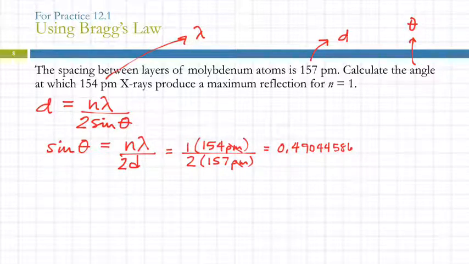Because a small rounding error can cause a big error when you invert the function. How do we get rid of sine? You can't divide by sine. You have to do inverse sine. And your calculator should have a button. So theta is going to equal the inverse sine of that number.